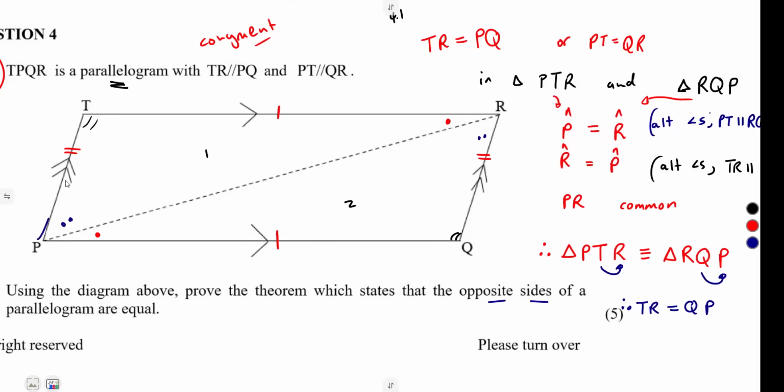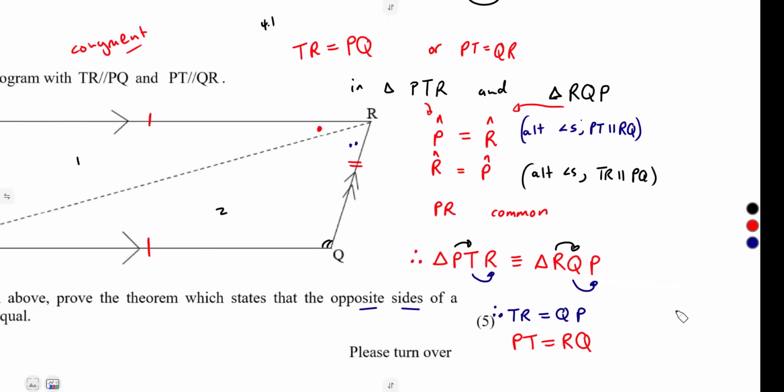Let's check where there is PT. P to T, this one, PT must be equal to RQ from this. So you can see that PT is equal to RQ. PT and RQ, these are opposite sides.